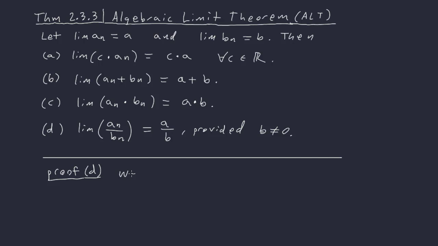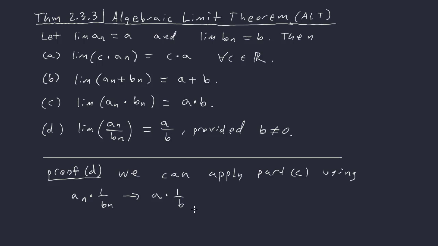So we can apply part C by basically using that An times 1 over Bn converges to A times 1 over B.